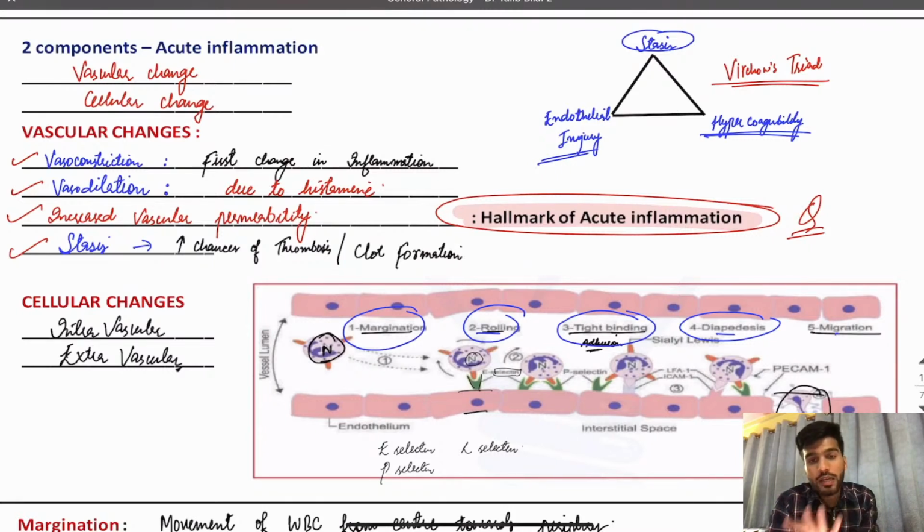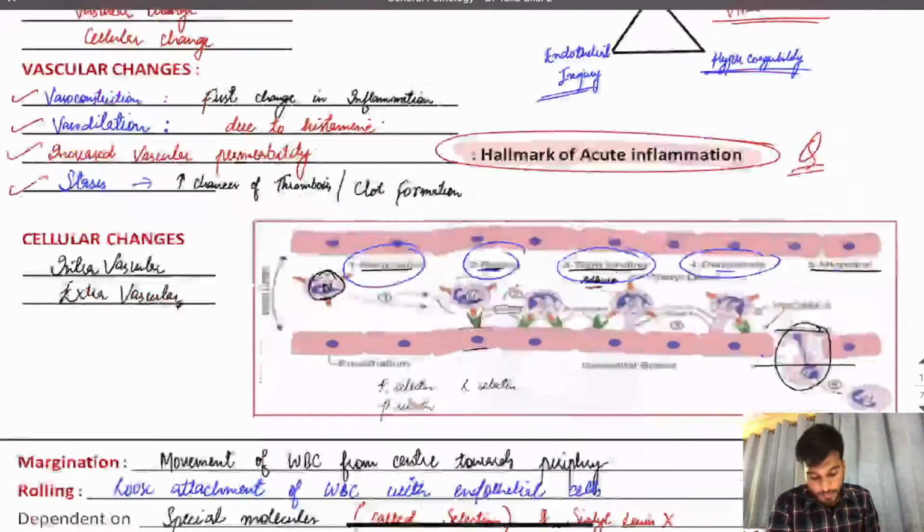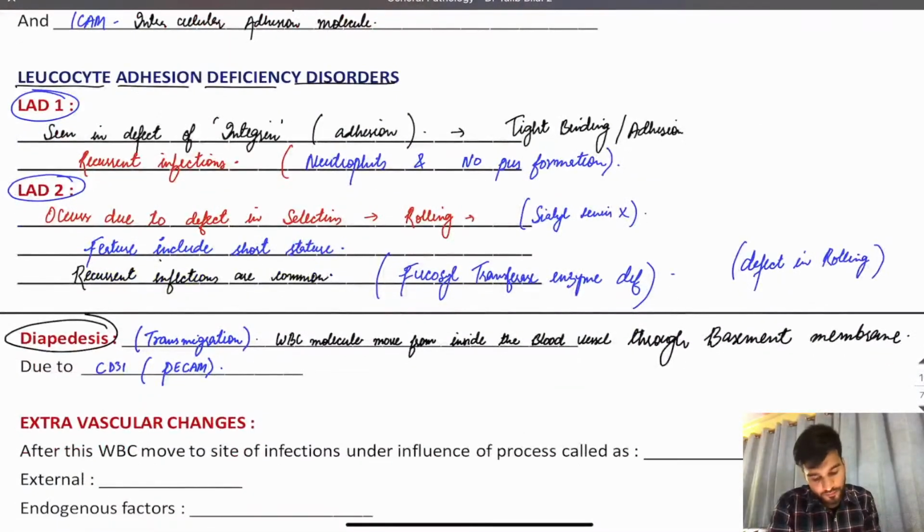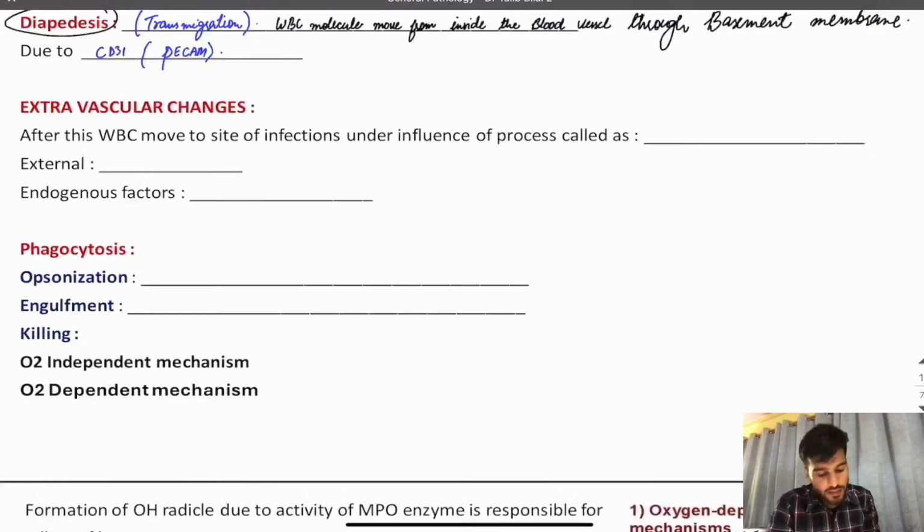S is closer to R, so selectins help in rolling. Integrins help in adhesion. If there is a defect in these adhesion molecules, we have leukocyte adhesion deficiency disorders, LAD1 and LAD2. LAD1 is mainly with integrins, LAD2 with selectins.